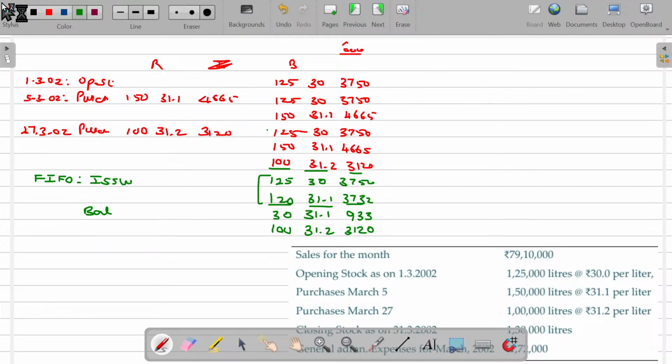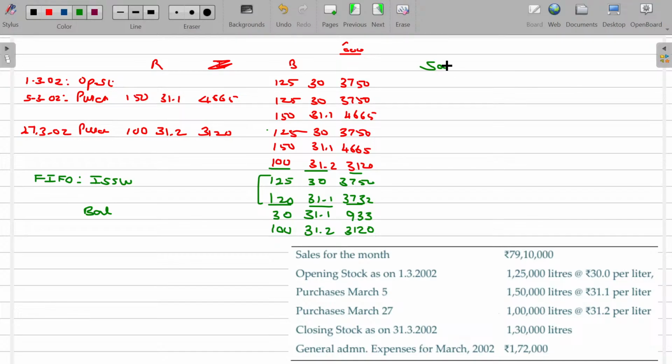Okay. What about the profit? Sales being 79 lakhs 10,000, minus general administration overhead and cost of goods sold. So we will now subtract the material cost of sales. Under the FIFO method, you have to subtract this one. Yes, come on, tell me the value.